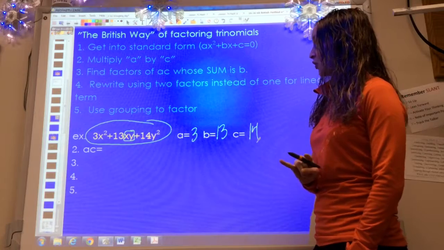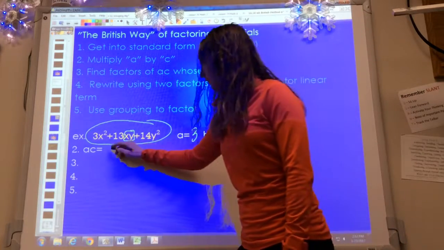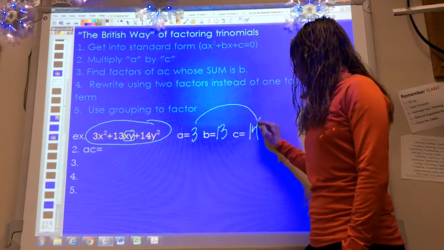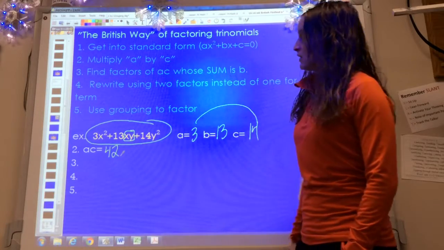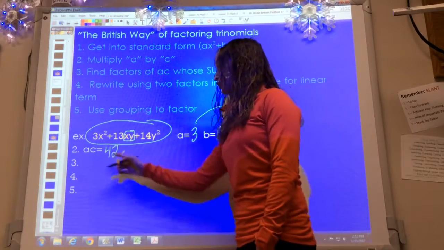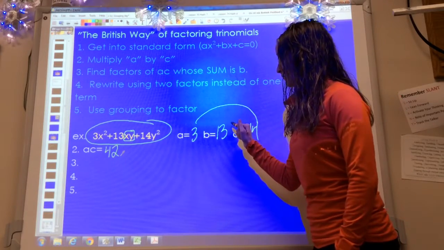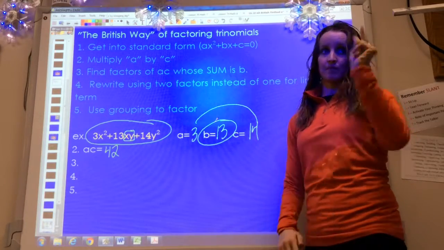Second step is always to multiply A times C, 3 times 14, which is? 42. Second step is we want to choose factors of 42 that add up to what number? 13. 6, 7.